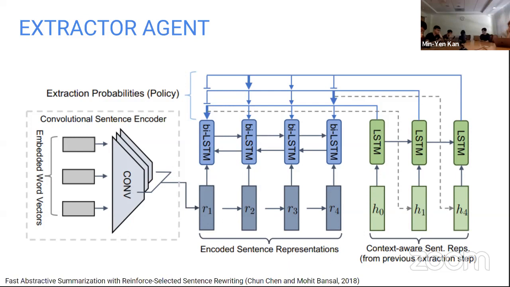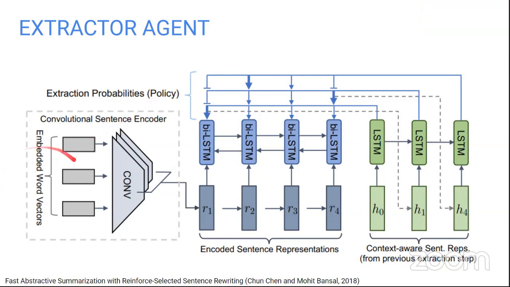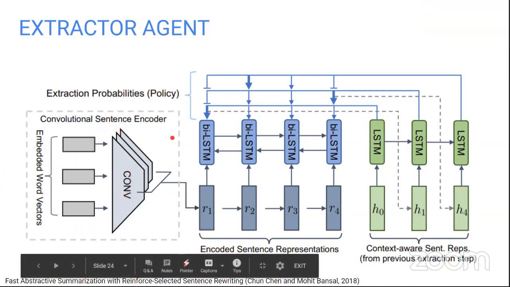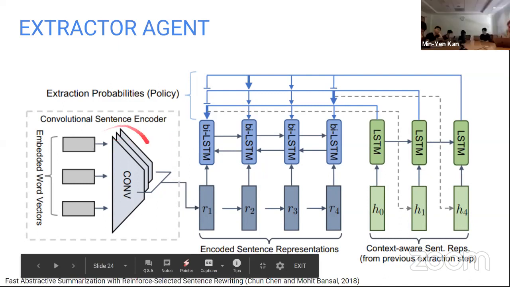So basically, maybe we can first try to explain what we did understand. There's one convolutional part which does individual sentence encoding from the source document, and it gives an encoding for each of the sentences in the source document that we call R1 through R4.